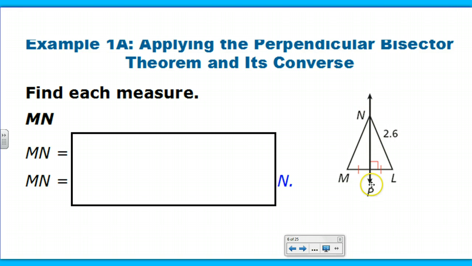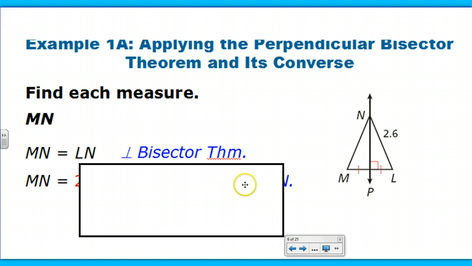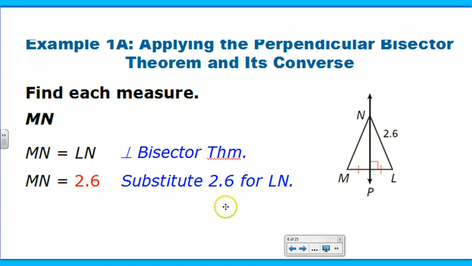Notice this line is a perpendicular bisector. We have a right angle here. So we can say that MN must be equal to NL, right? And that's because of our perpendicular bisector theorem. If NL is 2.6, we can say MN is 2.6 by substitution.